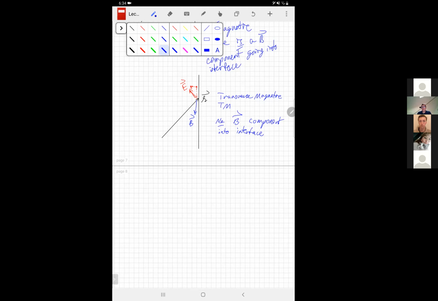It satisfies this condition: partial by partial x of 1 over n squared, partial B, partial x, plus partial squared B, partial y squared, equals... I'm trying to do something on the fly, which is never a good idea. Equals omega squared over c squared.